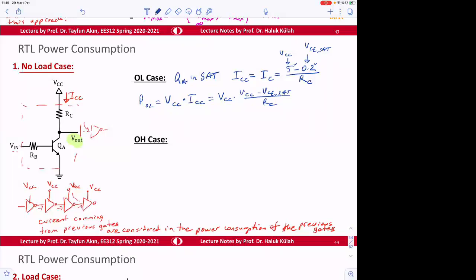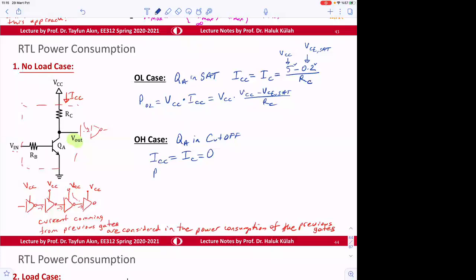Okay. So what about output high case? If there is no load, QA in cutoff. If that is cutoff, what about ICC, which is equal to IC, which is equal to 0? Okay.